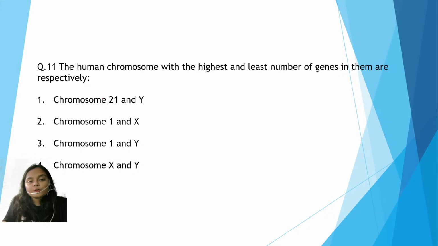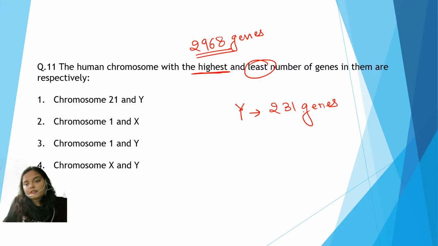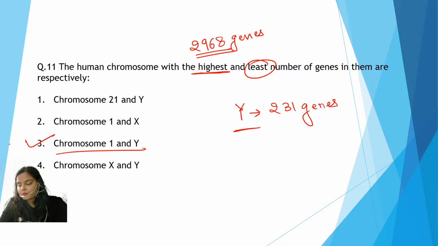Chromosome number 1 has the highest number of genes, approximately 2968 genes. And the least number of genes is present in chromosome Y. This Y chromosome contains only 231 genes, so it is the smallest chromosome. So the right answer is chromosome 1 and chromosome Y. Option number 3 is the right answer to this question.